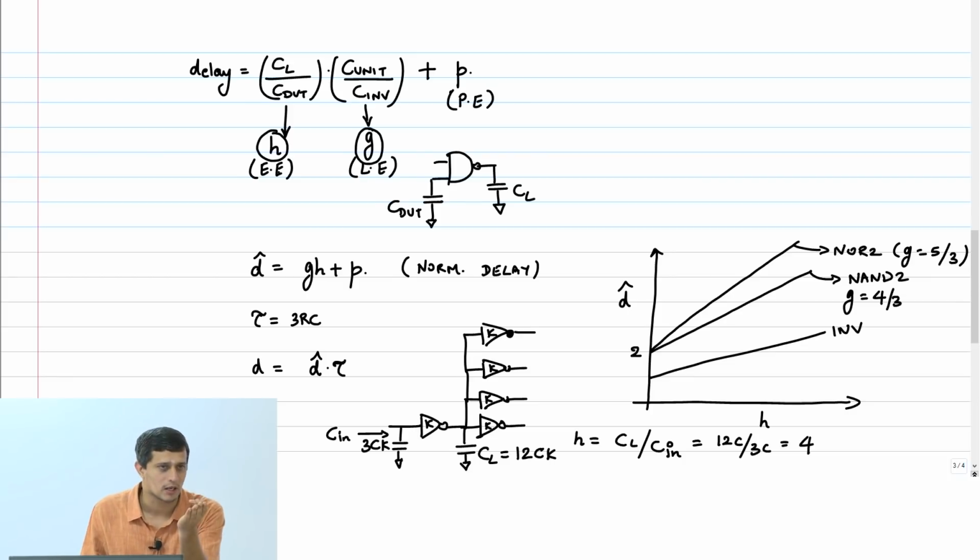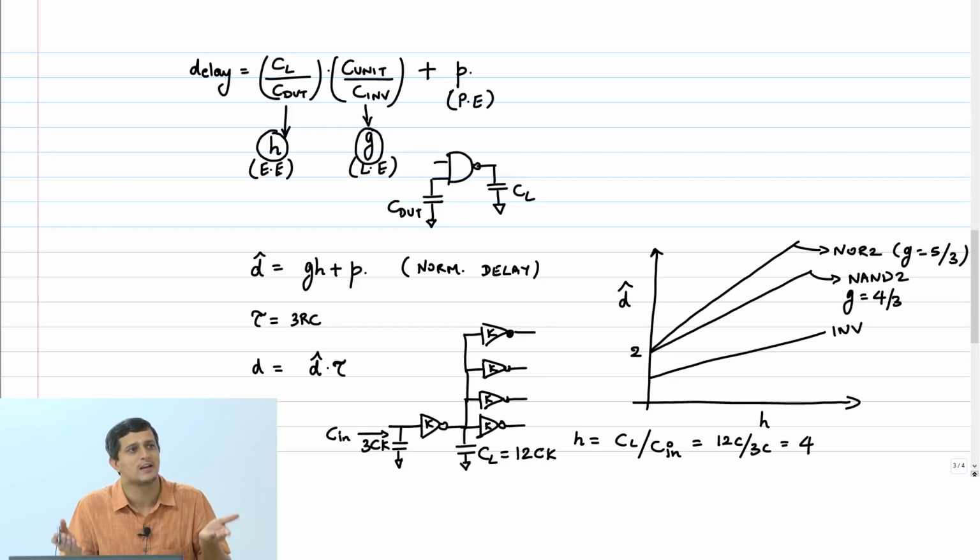So it doesn't matter, if I tell you fan out of 4 delay in a technology, it doesn't matter what the size of the inverter was. You understand, the fan out of 4 delay is the same whether you did it for a unit inverter or for an upsized inverter or for an inverter with higher drive strength, because the delay comes out to be the same.